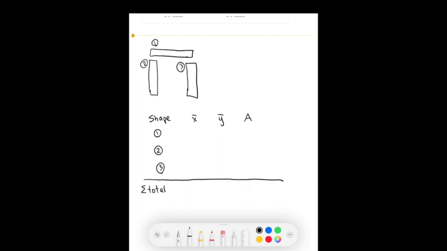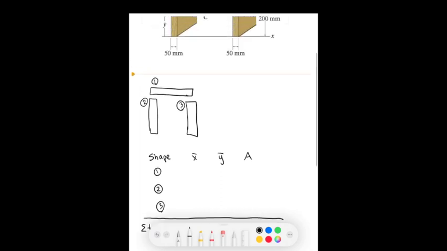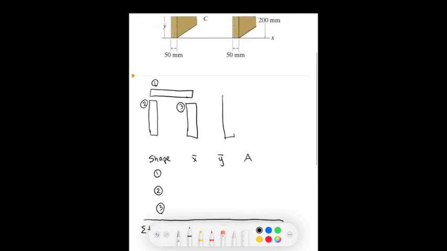For shape 1, the centroid is going to be located in the middle. The way I'm going to set this up is with an xy coordinate system that starts here. So here's my x, here's my y, which means the origin is here.